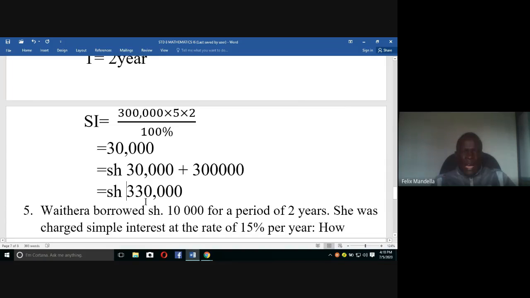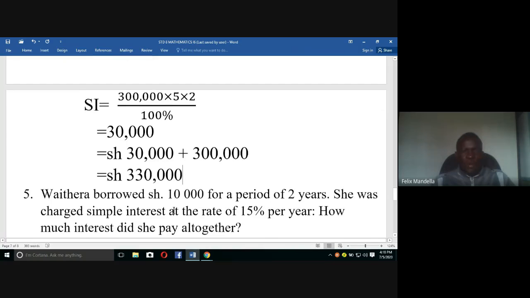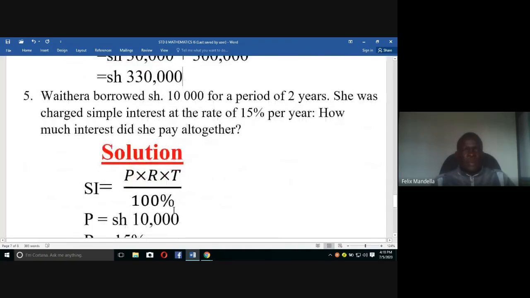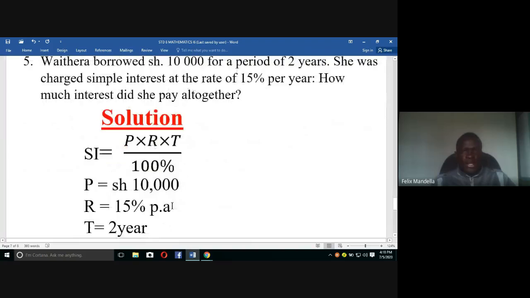The total amount in the bank is the interest earned plus the total amount taken to the bank. The total amount taken to the bank was 300,000. The money had earned 30,000, so the total is 330,000 shillings.